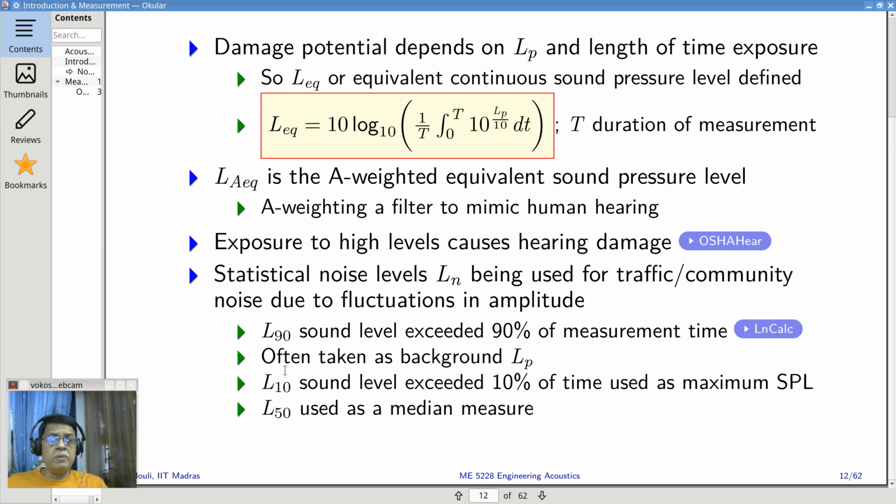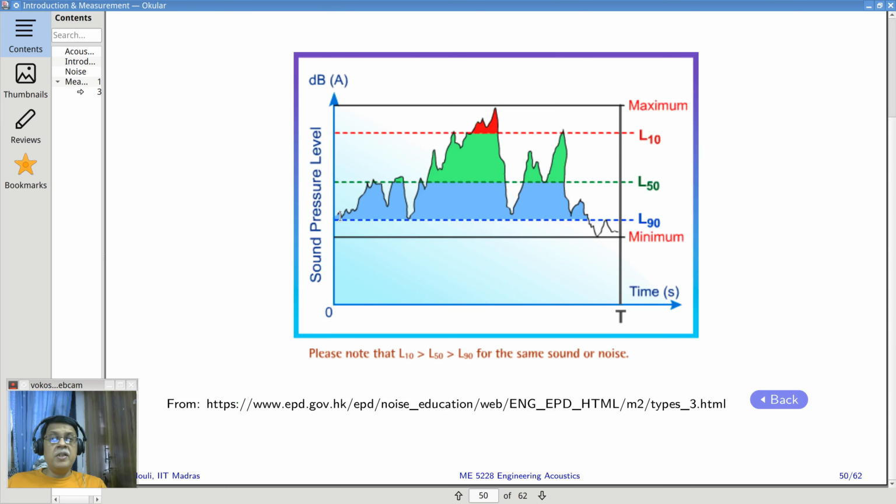So I'll just show you a picture of a calculation. Here is the sound pressure level variation over time. When I say 90, you can see at the bottom, a very small percentage of the time the sound level goes below this. So L90 is kind of at the minimum. What it means is 90% of the time I have a higher noise level than this value.